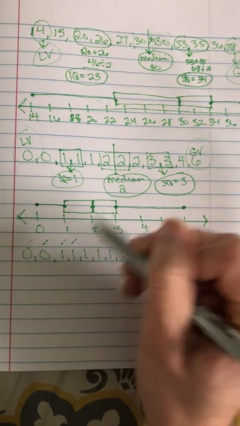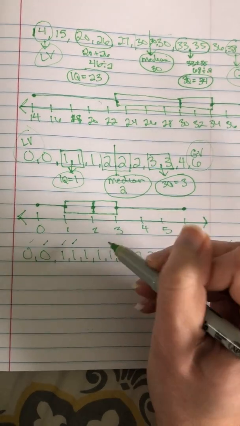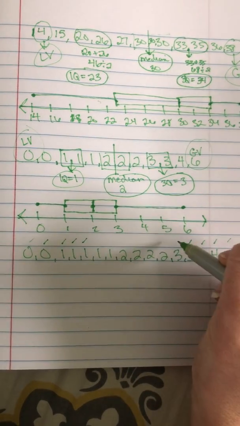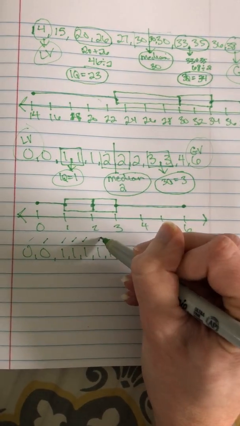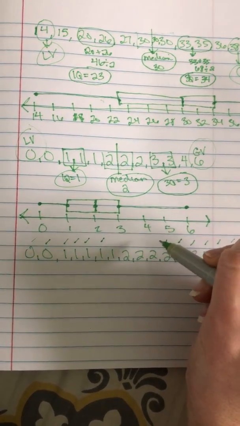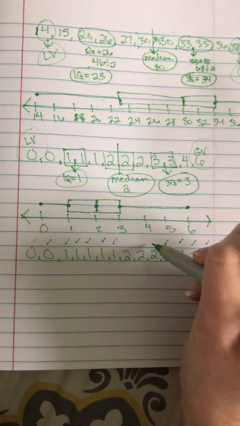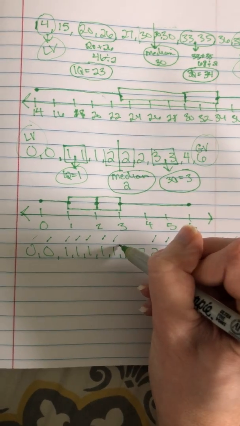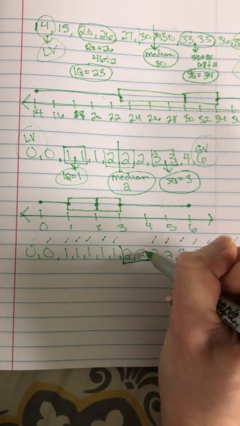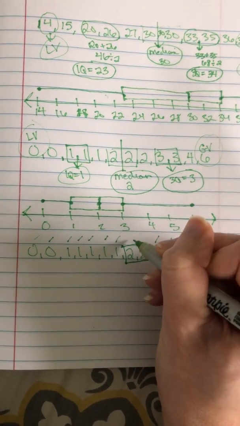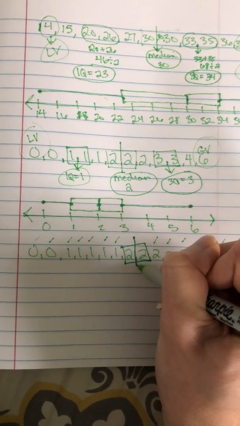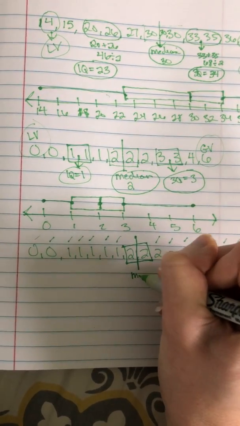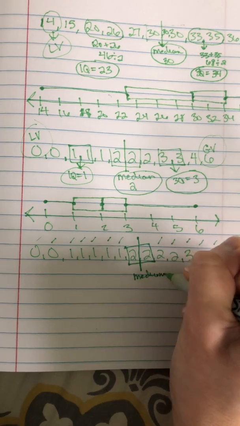It can be hard to make sure that you actually had the two that were in the middle. So this is me pretending to cross these numbers off, but doing it above instead of on them, because I find it confusing to look at the numbers when they're already crossed off. So these two 2s, the first 2s that repeat, are the two in the middle. That means my middle is right in between those two. So my median is 2.